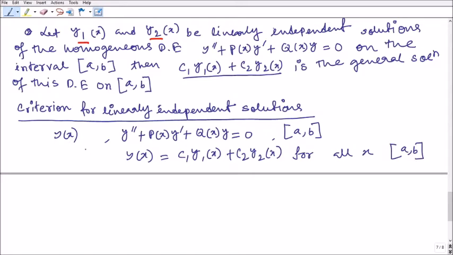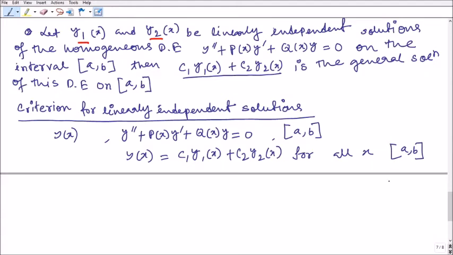So if y of x is any solution of this homogeneous differential equation, and if y1 and y2 are independent solutions, then we can say that y of x is equal to c1 y1 plus c2 y2 is the solution for suitable values of c1 and c2, for all values of x on that interval ab.